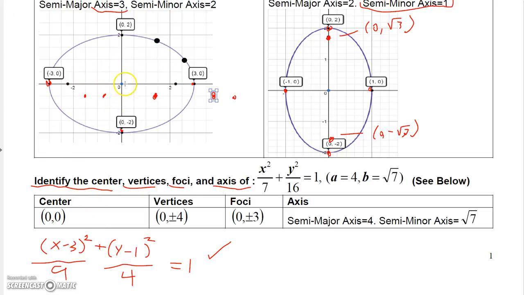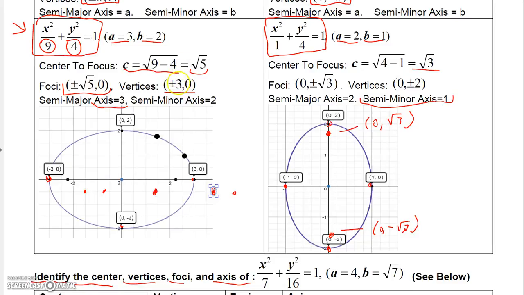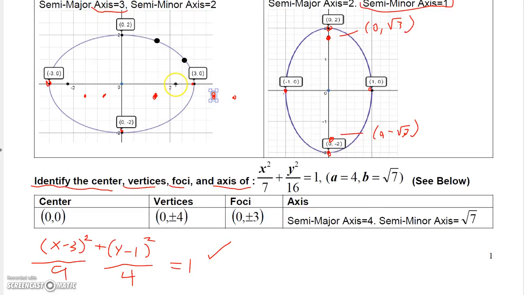Okay, so I want to attempt to draw this, but basically your center would move 3 to the right, 1, 2, 3, and then down 1. And then this focus would move, this is actually square root of 5. So this would move 3 to the right and down 1.